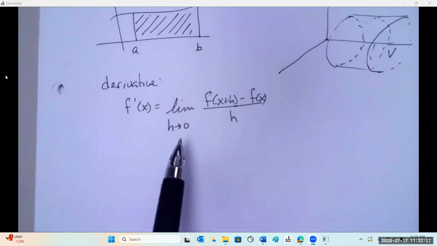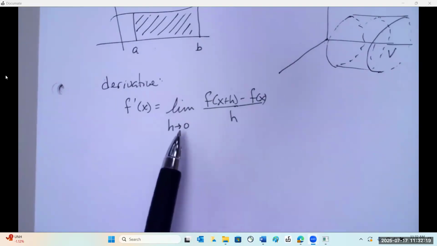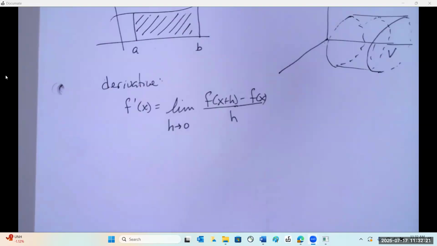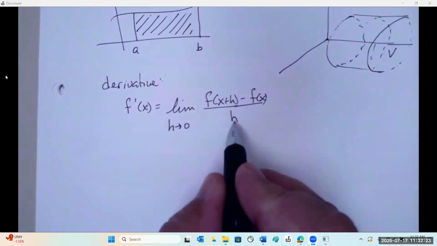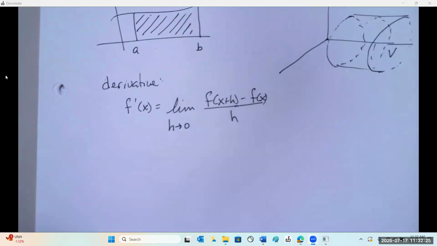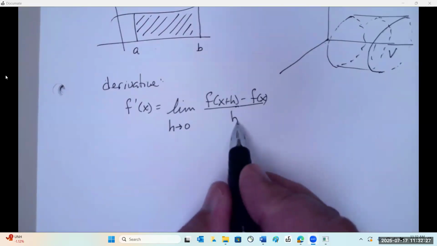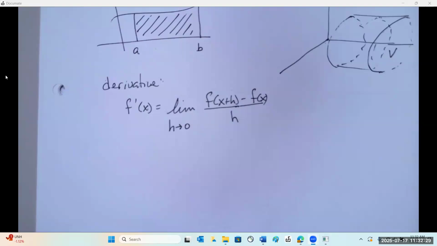Now, why is it a limit? Because what we're doing here is we're looking at different iterations as h, the distance between our test value and our actual value, gets closer and closer and closer.